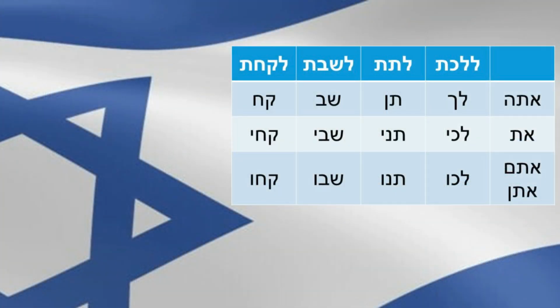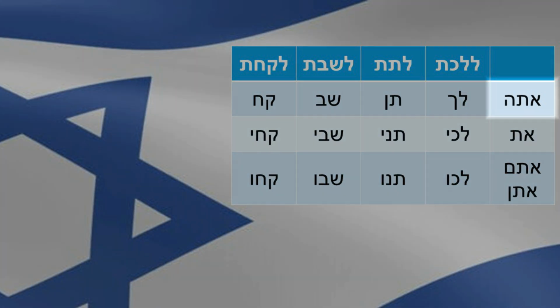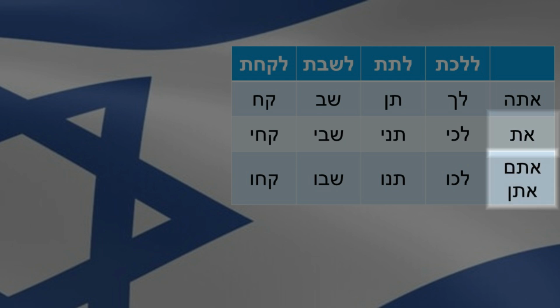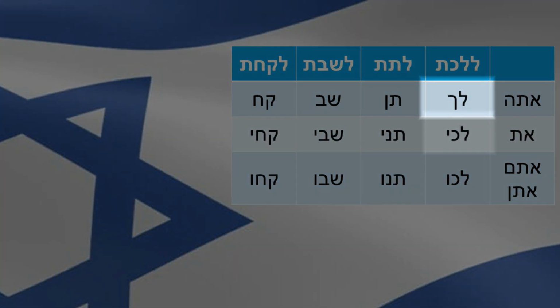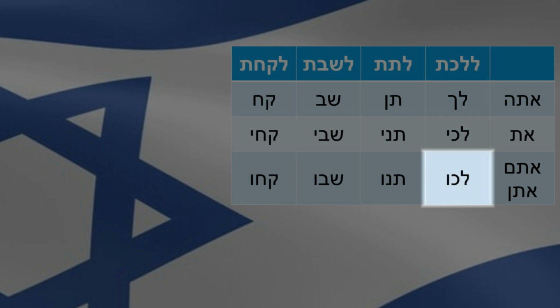Notice, of course, that there are only 3 forms for the 3 different people here. Ata, at, and atem and aten get the same form. So with lalechet, which means to go or to walk, we have lech, lechi for the feminine, and lechu for the plural.